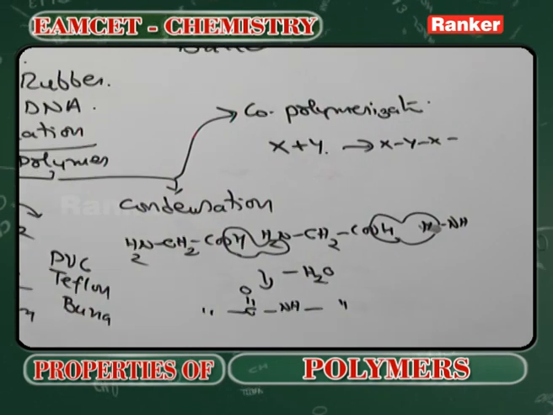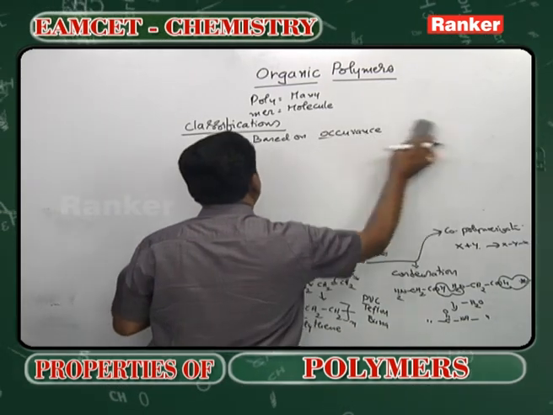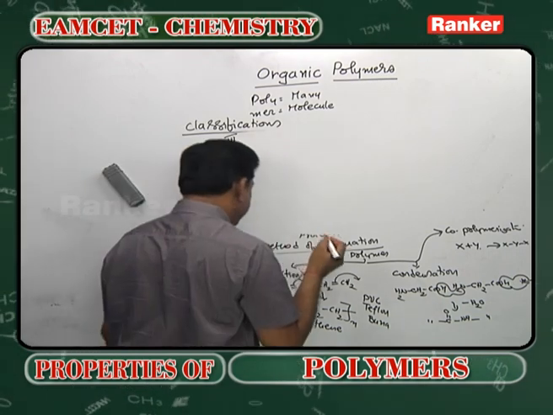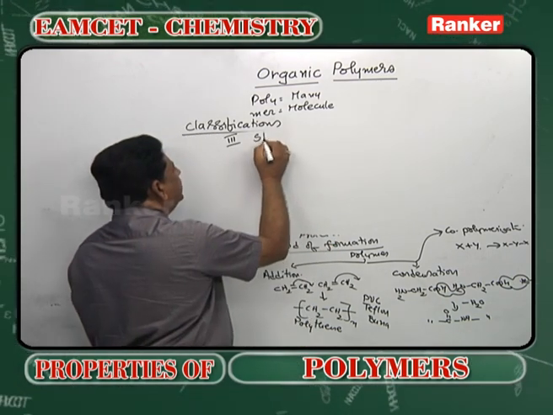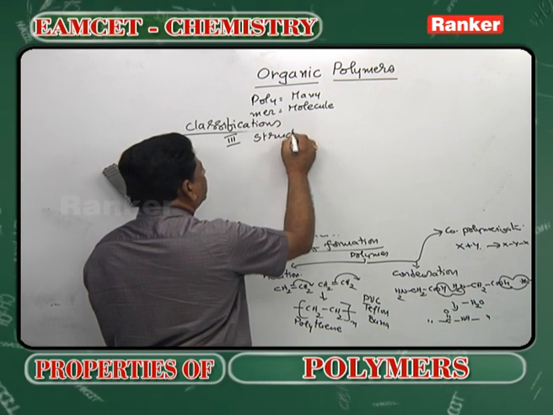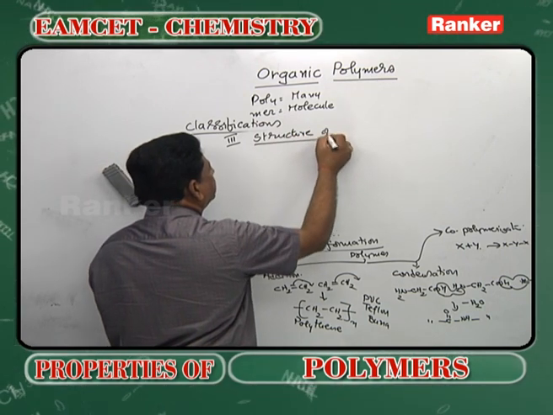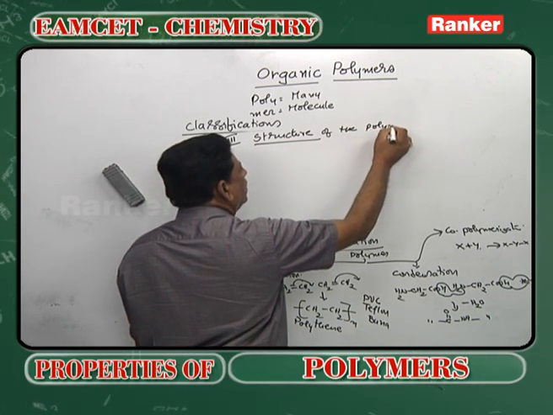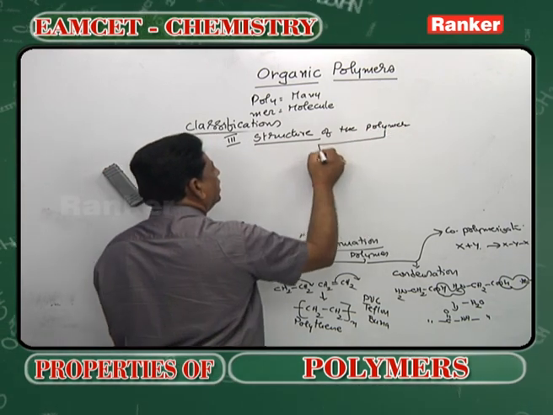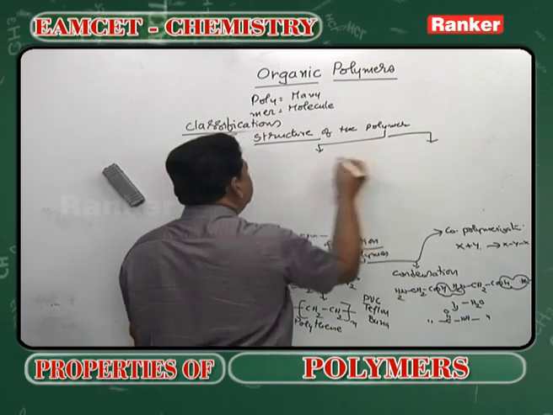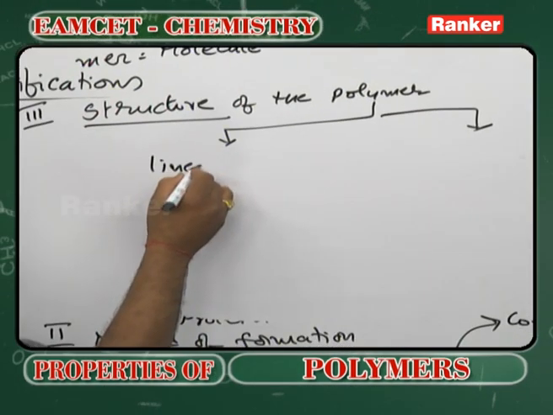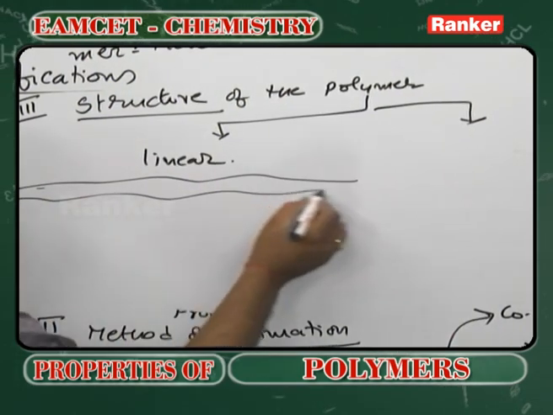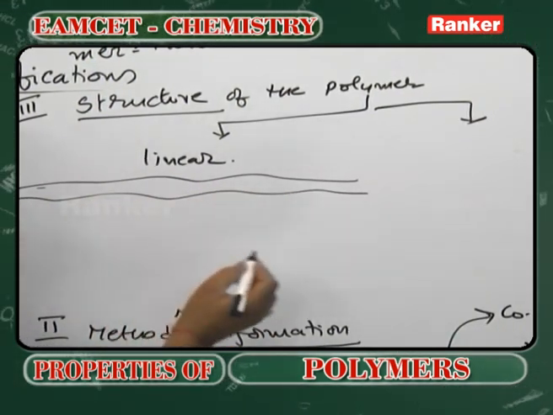Now let us go to another type of classification, the third type, which is based on the structure of the polymer. Polymers can be line-shaped; these are called linear polymers, which means there will be long chains, with van der Waals forces in between.